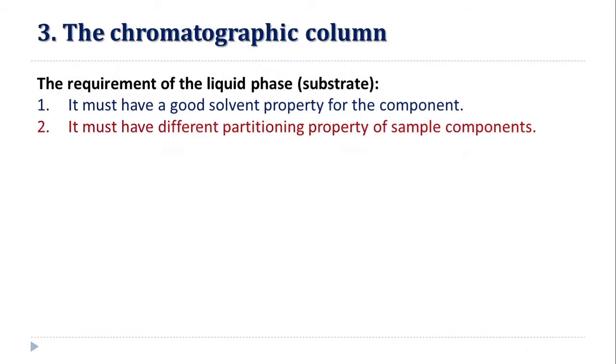It must have different partitioning property for the sample components. So the sample components present in the mixture should have different partitioning properties in the gas as well as the stationary phase liquid. There should be a difference in distribution of the solutes between the stationary phase liquid and the mobile phase gas.